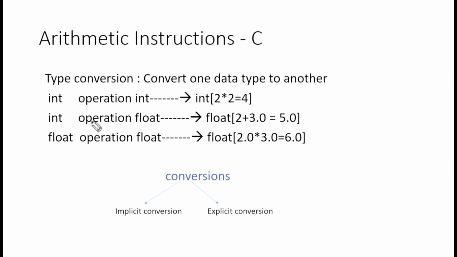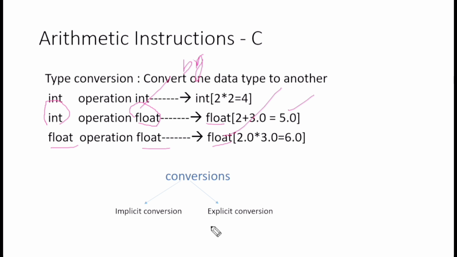Now, coming to integer and float. Integer is a small value, float is a decimal value, so storing it obviously needs some more space. So, a smaller value moves to a bigger value, smaller value is kept inside the bigger value. That means it will consider float only, so obviously float only.